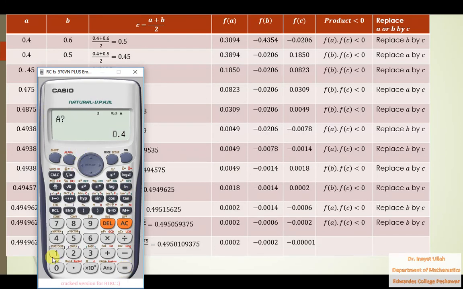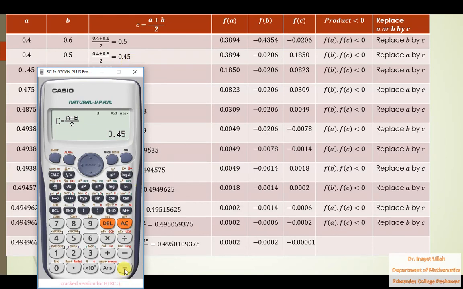A is 0.4, equal to b, which is now 0.5. Ultimately, when you press equal sign, it will give the value of c, 9 by 20. So converting this into decimal notation, 0.45. You see, this is c, which is 0.45.